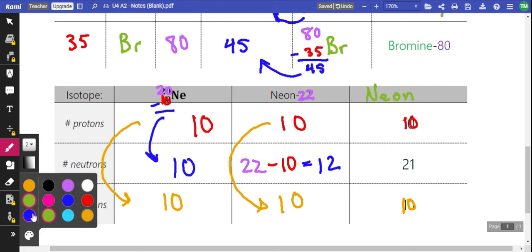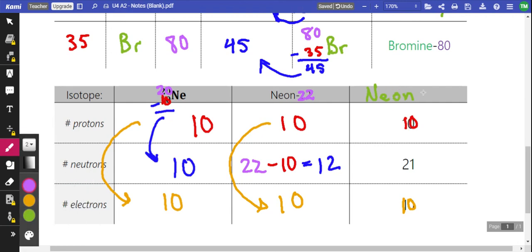I just need to tag it with its mass number, which is the number of protons plus neutrons. In this case, they just gave me the number of neutrons. We have 21 neutrons. So 10 plus 21 is going to be my mass number, which winds up being 31. So this is the isotope neon 31.